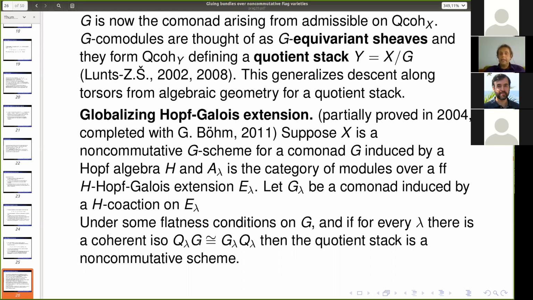So this G induces this G lambda locally. And the other way around, if you have this G lambda locally, and if you provide the data of this natural isomorphism between G lambda q lambda and q lambda G, then this enables you to say that such G is unique.